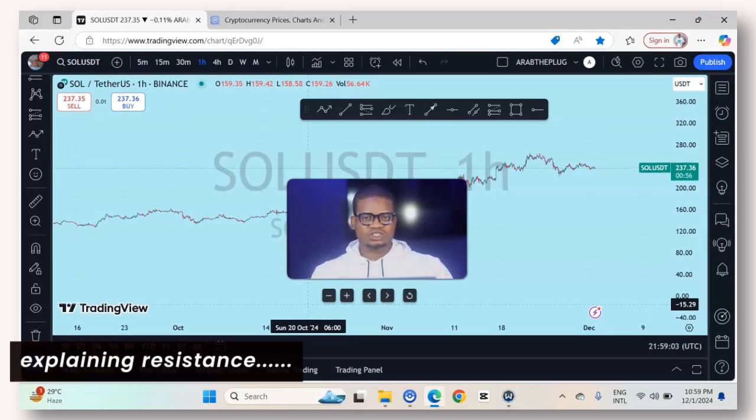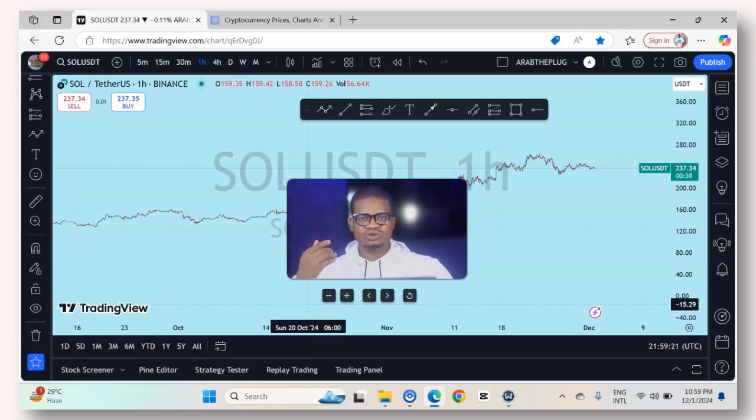While resistance is the opposite, it simply means a place where sellers are likely going to come into the price and put the price lower. Simply because in the previous time, sellers have actually come into the market at that particular point and put the price lower.